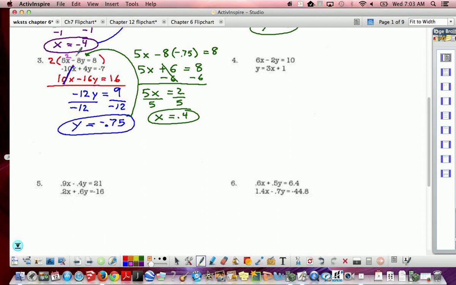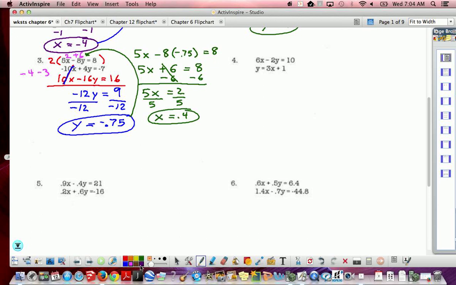Because the two negatives, negative 8 times, it would make it a positive 6, sorry. 2 plus 6 does make 8. That works. On the next one, 0.4 times negative 10 is negative 4. 4 times negative 0.75 makes it a minus 3. Negative 4 minus 3 is negative 7. They do check out. My answers are correct.